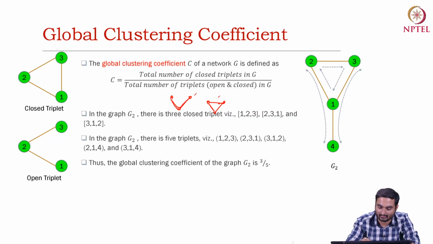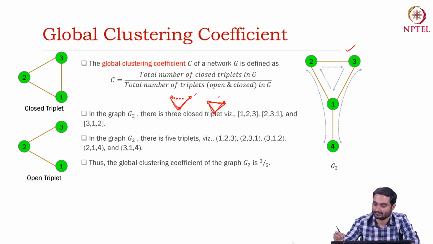Because this triplet is not closed, but this one is closed. Had it been an edge like this, it would have been a closed triplet. We measure the number of closed triplets in the graph, divided by the total number of triplets, which can be closed or open, and that would give you the global clustering coefficient of a graph.